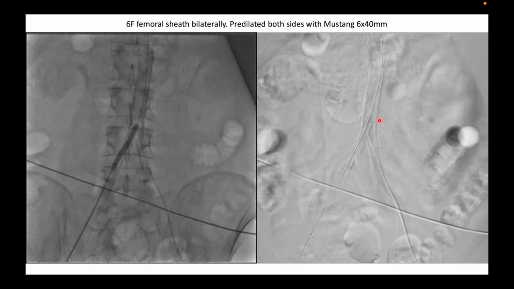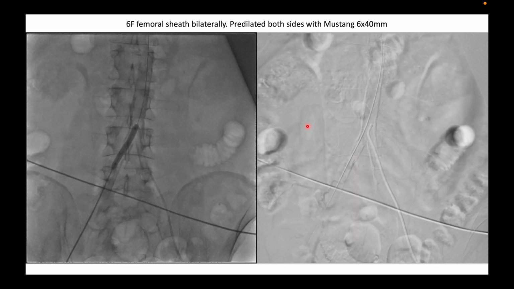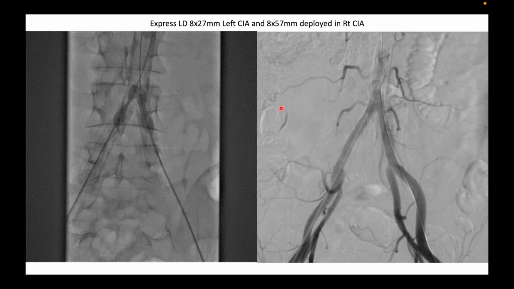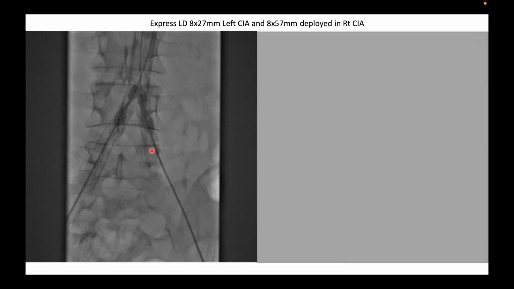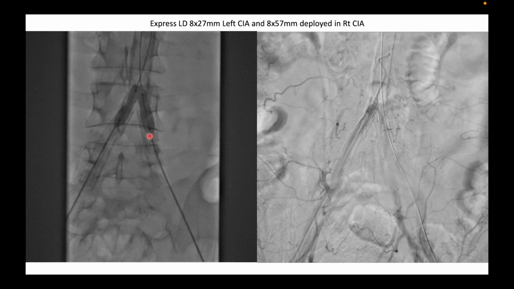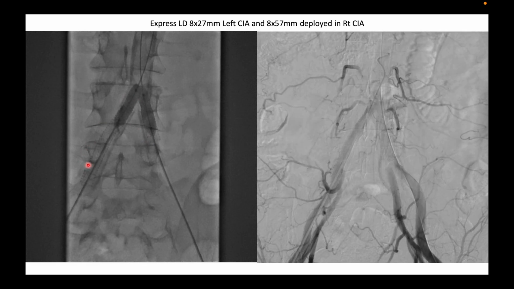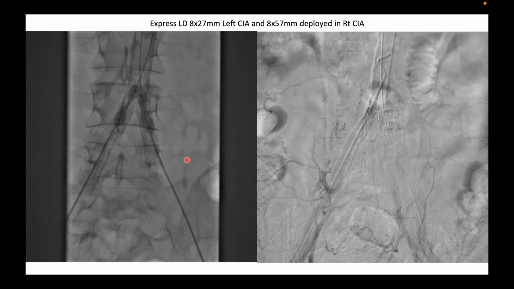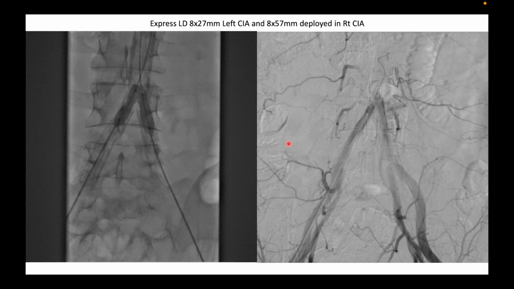You can see the catheter here as well on the left, and the right side has been ballooned. Now both sides having been ballooned, this is Express LD 8x27 in the left iliac artery and 8x57 in the right common iliac artery, and then stents are being deployed, and that is the final result.